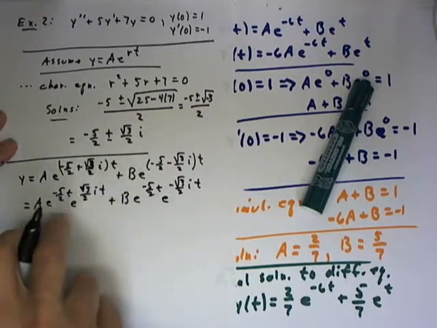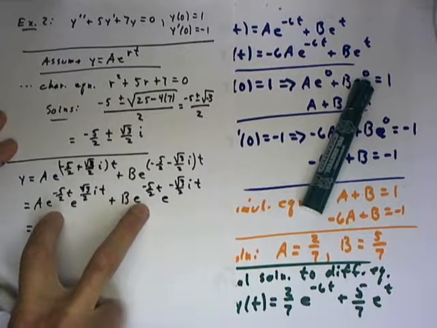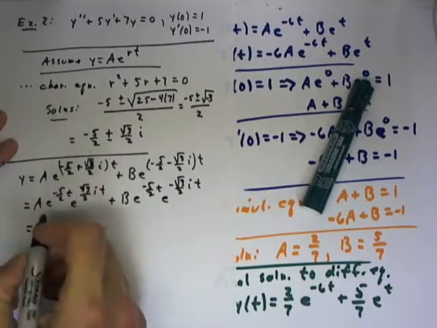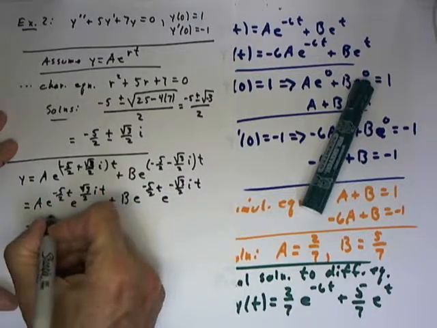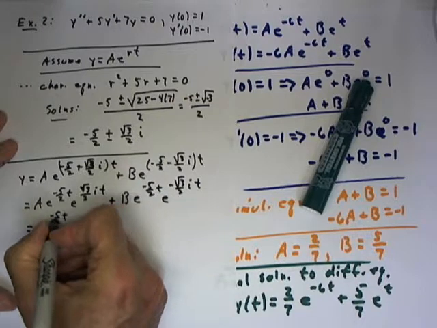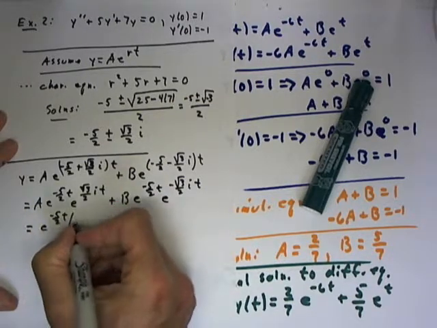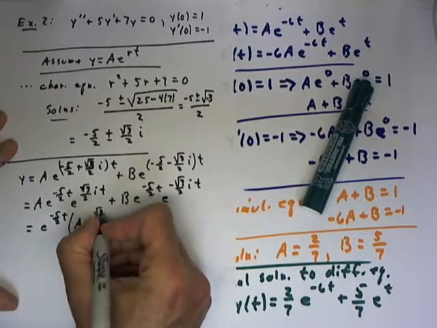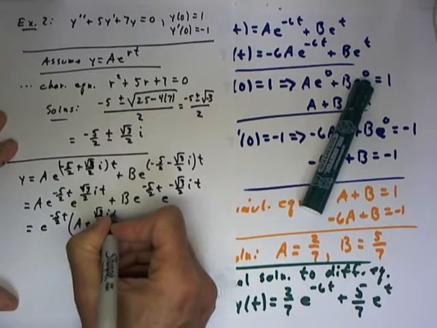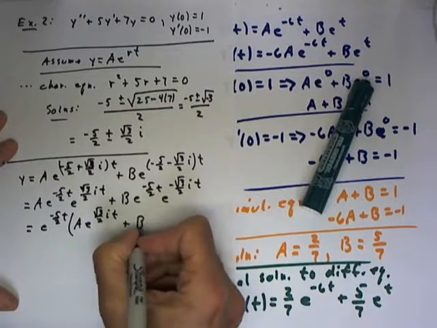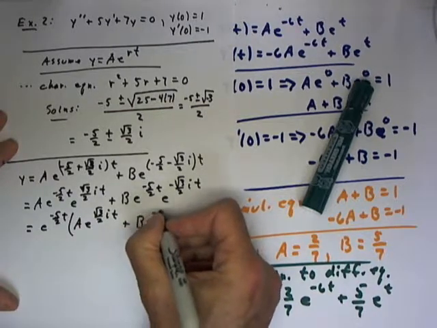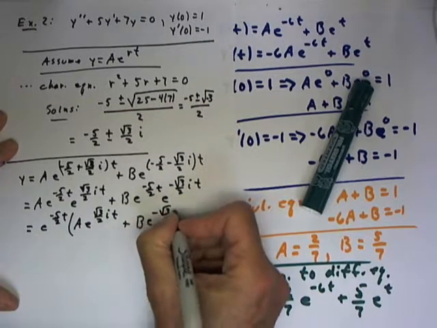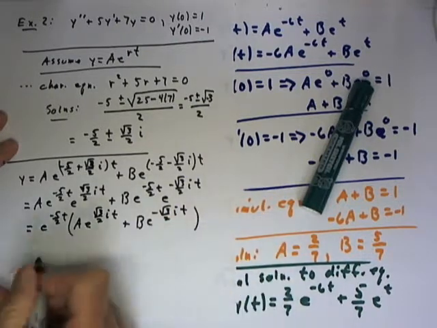We see that the e to the negative 5 halves t will factor out, so we can write this as e to the negative 5 halves t multiplied by a e to the square root of 3 over 2 i t plus b e to the negative square root of 3 over 2 i t.